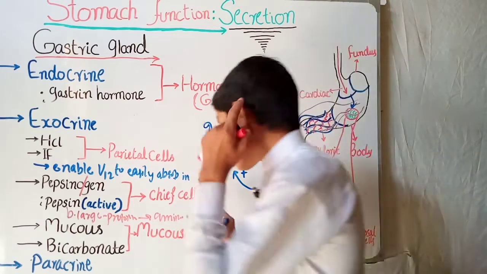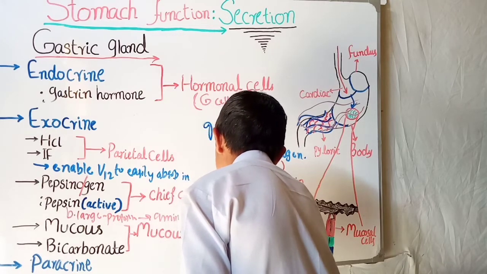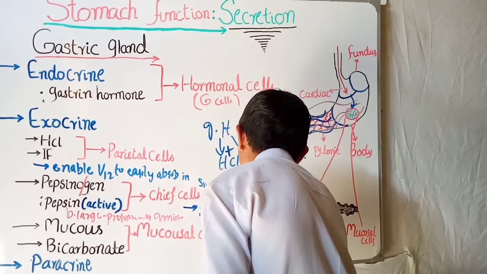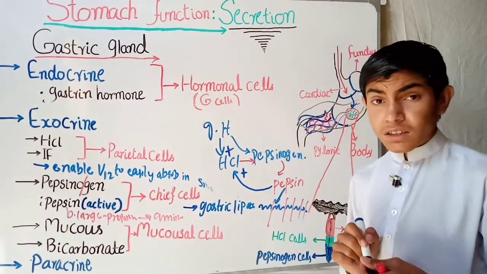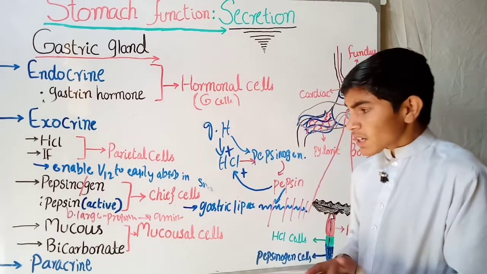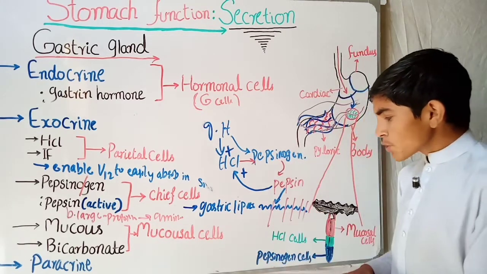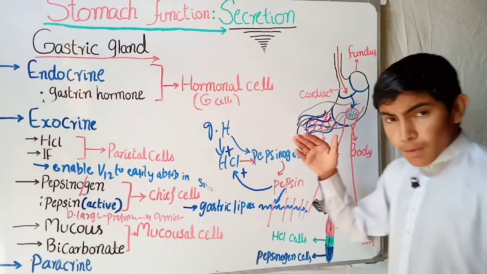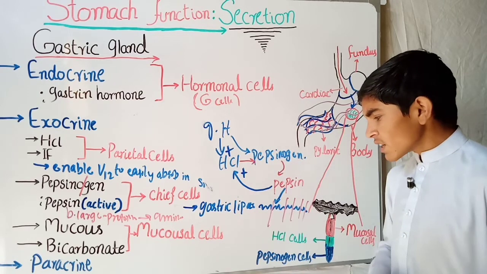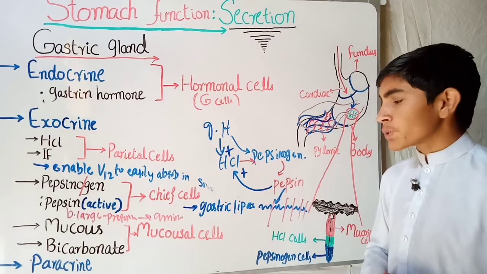There is another chemical secreted by it called gastric lipase, and the gastric lipase is involved in a little breaking down of the fats present in the food, but mainly it is not digesting the fats, because it is not able to convert the fat into fatty acid plus triglyceride. So it has only a little function in breaking down large fat molecules.